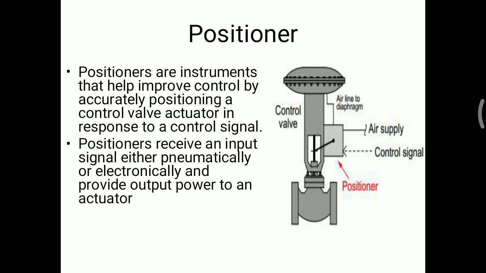Suppose an I2P converter is given, and the output of that I2P converter is according to the current received. The current is converted into the pressure, and that air pressure is given to the actuator that we have seen in the previous slides. The actuator moves the diaphragm and hence opens or closes the valve. Hence, positioner plays a most important role in the control valve.